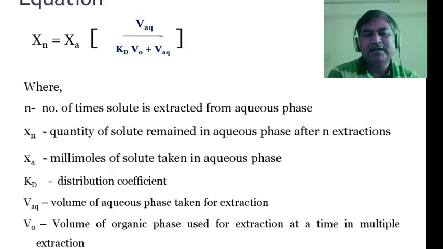Again I will repeat: Xn is equal to Xa into square bracket, V aqueous divided by distribution coefficient Kd into volume of organic phase plus volume of aqueous phase.